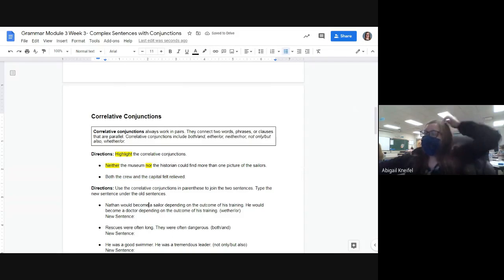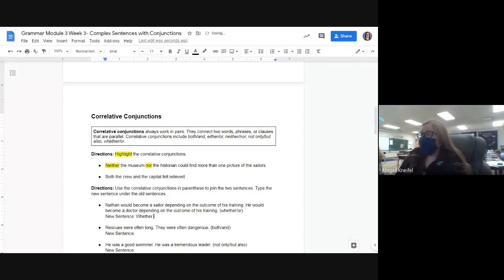All right. Next, use the correlative conjunction in parentheses to join the 2 sentences. Type the new sentence under the old. So, Nathan would become a sailor depending on the outcome of his training. He would become a doctor depending on the outcome of his training. So, how would I rewrite this? I spelled whether wrong though.